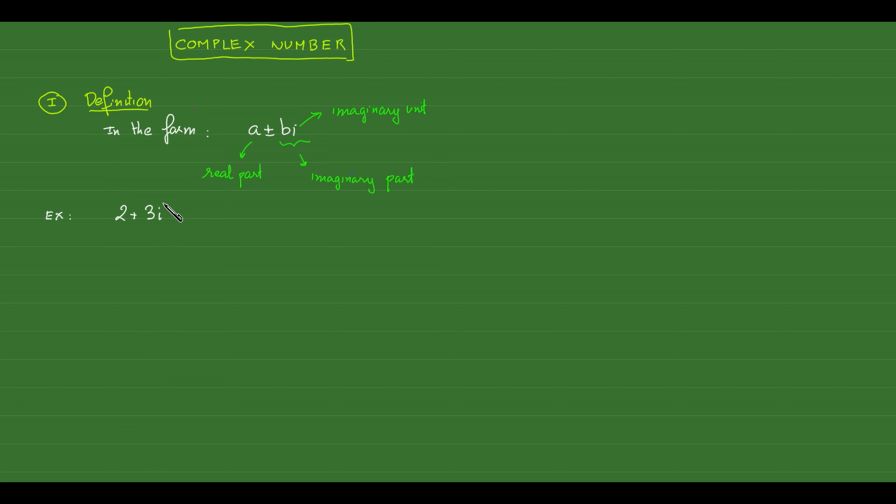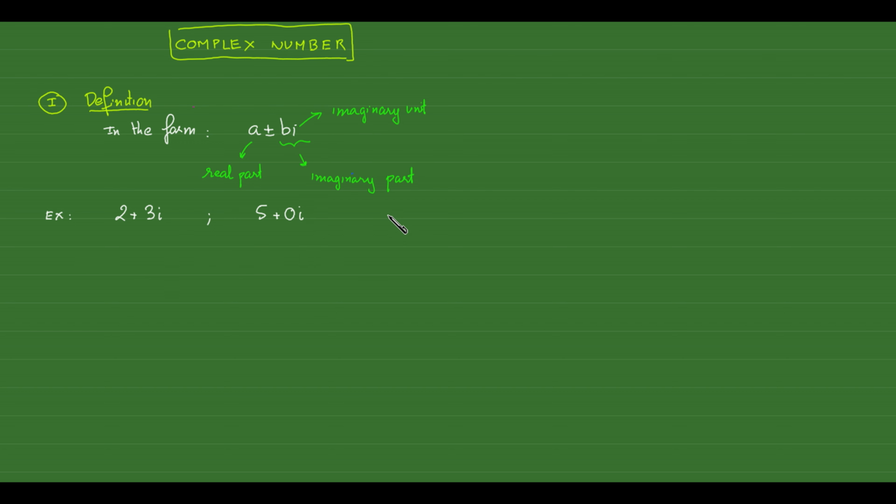This is a complex number. It has the real part and it has the imaginary part. Or 5 is also a complex number, because 5 can be written as 5 plus 0i. So any positive or negative real number you have learned so far is a complex number.